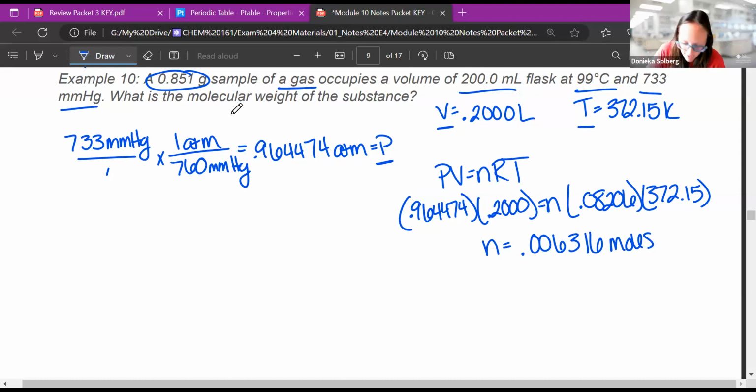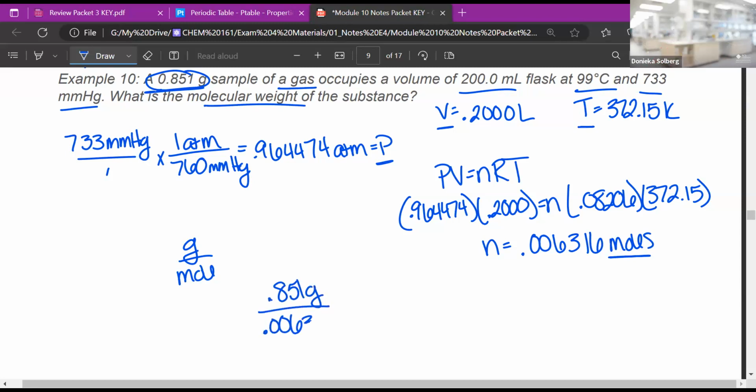Now, what do I have? I have grams and I have moles. What is molecular weight or molar mass? The units are grams per mole, right? So anytime you're trying to find the molar mass, you just need the grams and the moles. So you just put the grams over the moles and you're good to go. So I would just do 0.851 grams over 0.006316 moles.